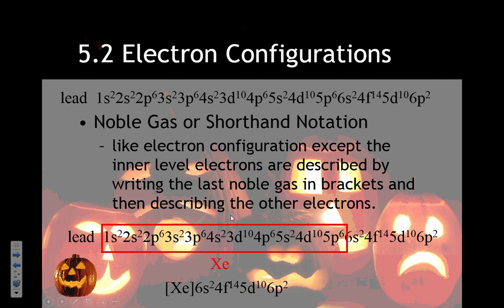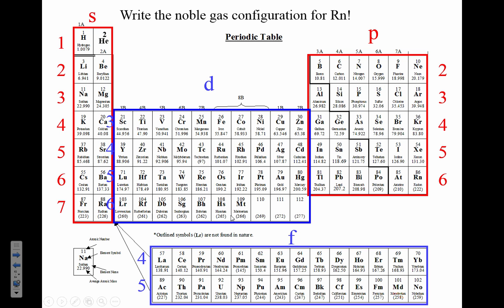So write the noble gas configuration for radon. So remember, radon is way over here. So I go back to my last noble gas up and all the way over. That would be Xe. So I'm going to put Xe in brackets, and that means all the electrons in xenon. And then I go through and describe electrons 55 through 86.